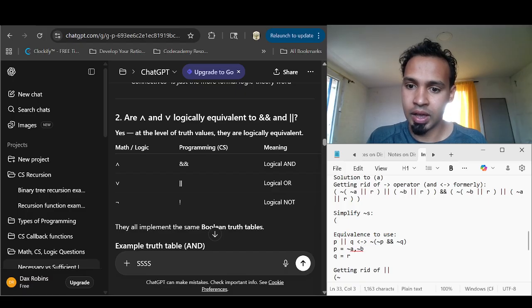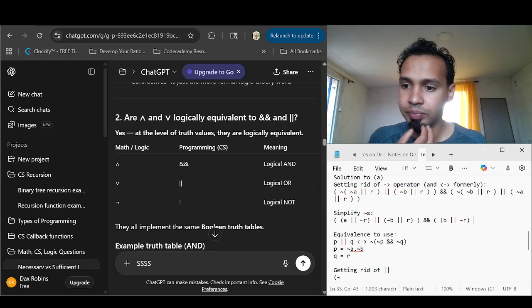And so this is basically going to be A or not R, not B, not R. We still need the double brackets, parentheses, and B not R, B not R, and then or not A. Yeah, not A or R, basically.